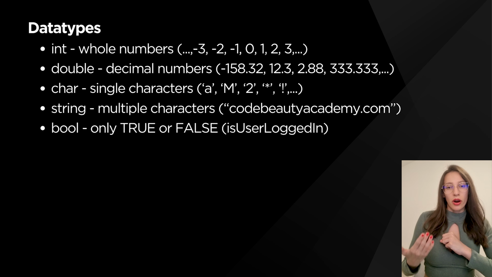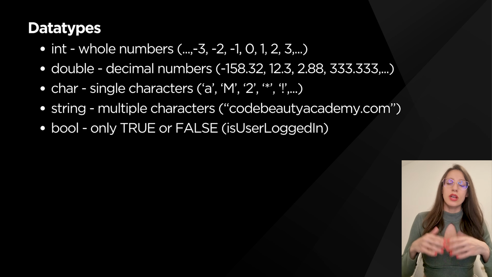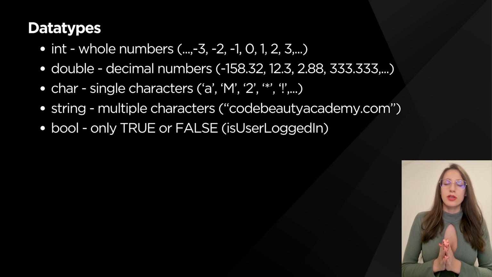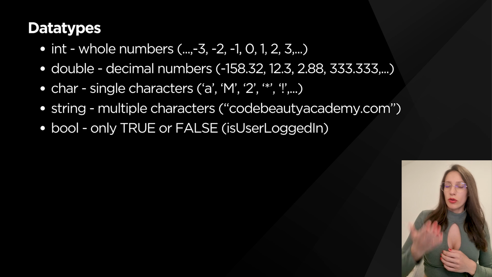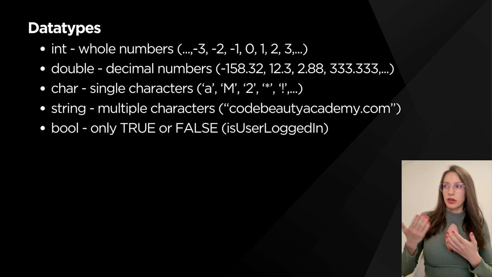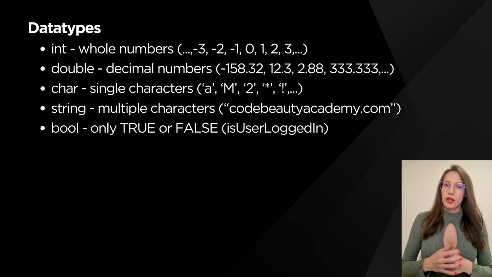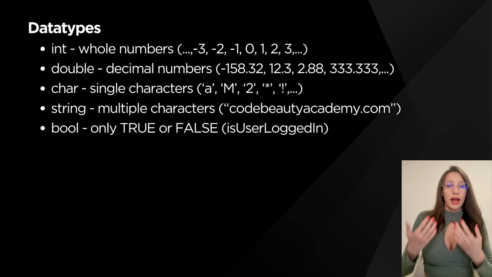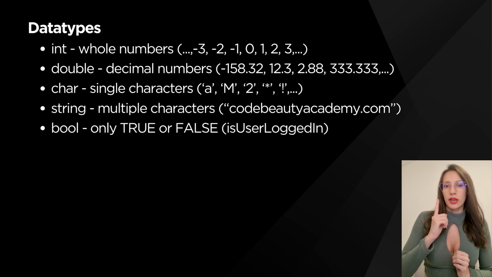If you want to store more than one character, then you use another data type called string. Inside a string variable, you can store your name, or a name of a person that you like, or an entire sentence, or an essay. So a string variable can hold as many characters as you want, and a char variable can hold only one.